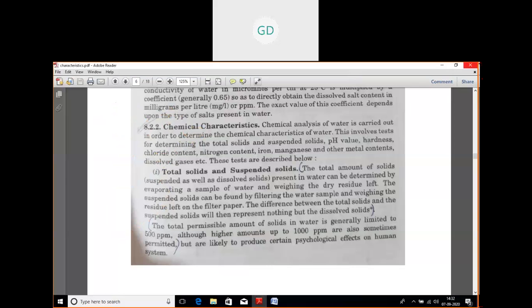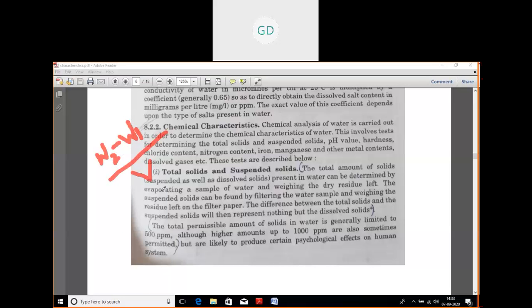Now how to find the total solids? The weight of the total solids is W2 minus W1, divided by V, and then you will get the weight of your total solids in milligram per liter.